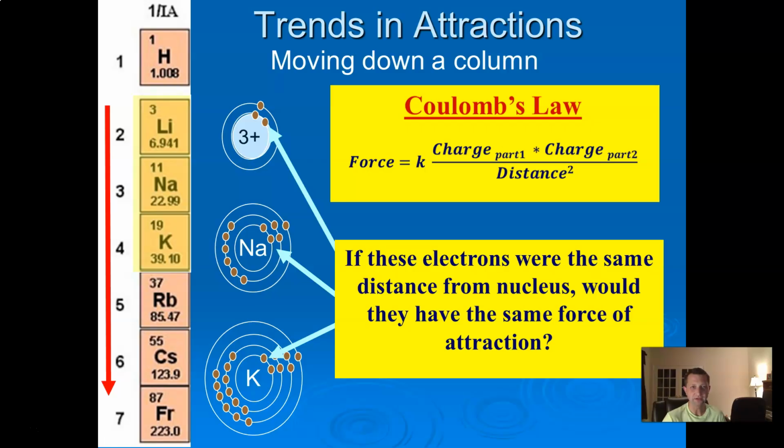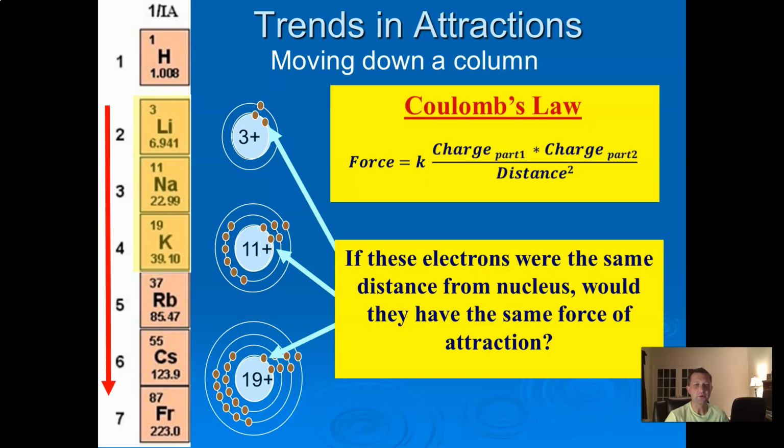Lithium has a +3 nuclear charge. Notice I'm not saying effective nuclear charge, I'm just saying nuclear charge. The nuclear charge is simply the charge of your nucleus, which is the number of protons. Sodium has 11, so it's a +11, and potassium is 19, so it's a +19.